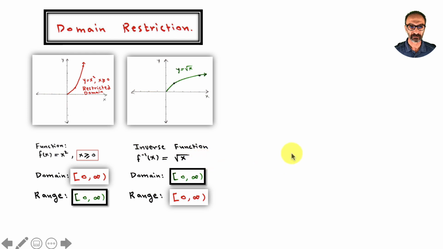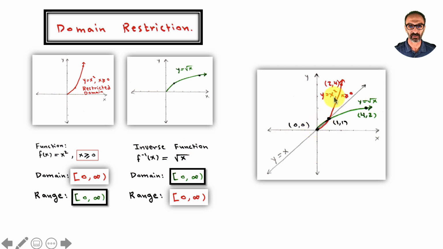Here are the two graphs combined in one graph. This is y equals x to the second with the restricted domain. This is y equals square root of x that goes as a reflection about y equals x.